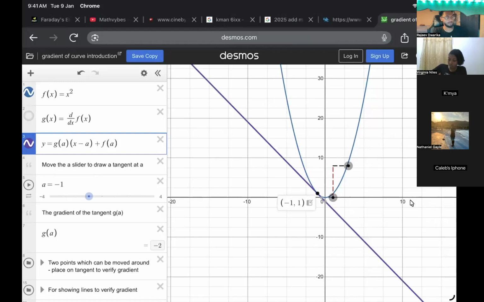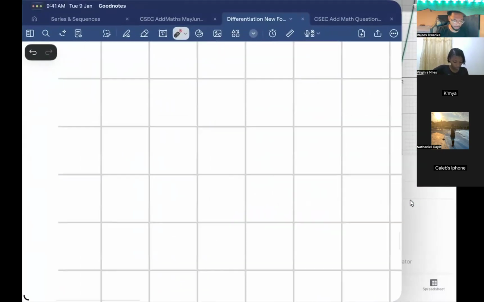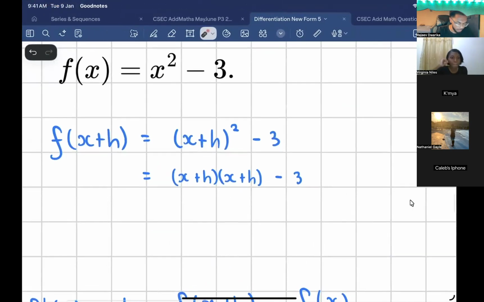Is the gradient the same? No, sir. So you have to come up with a gradient function, because the gradient is not going to be the same everywhere. All right, let me continue. So you can't look at this and read off the gradient. Only if it's a linear equation you can do that.